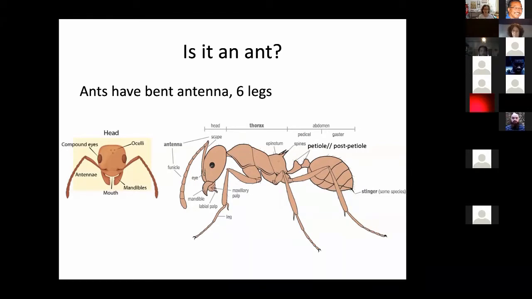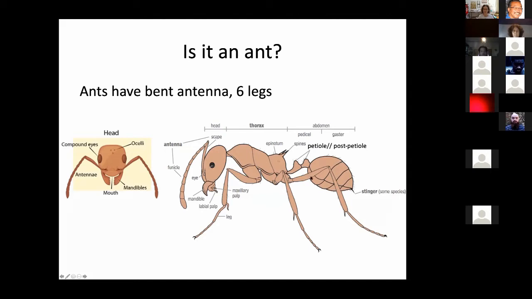And a good way to identify an ant is to look at the antenna. Ants typically have an elbow-shaped antenna, and that's a really good characteristic. They might have a big eye, a little eye, or no eye, and usually they'll have at least one of these little bumps, called the petiole and then the postpetiole.